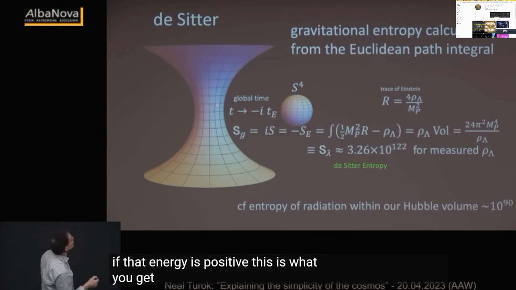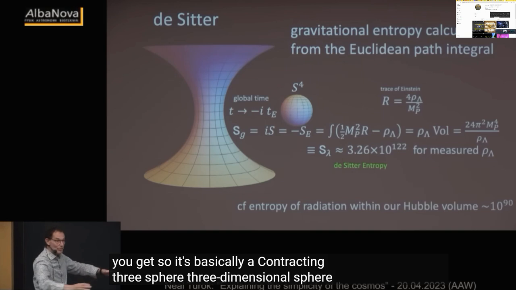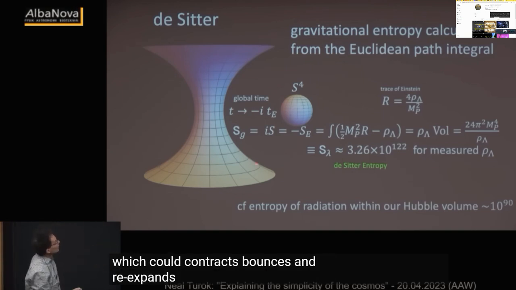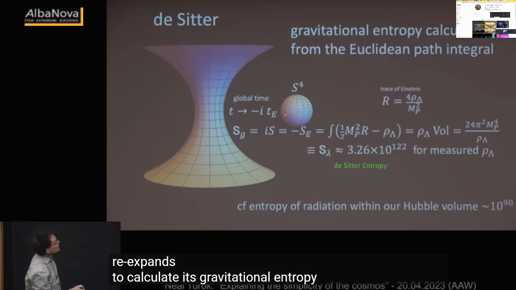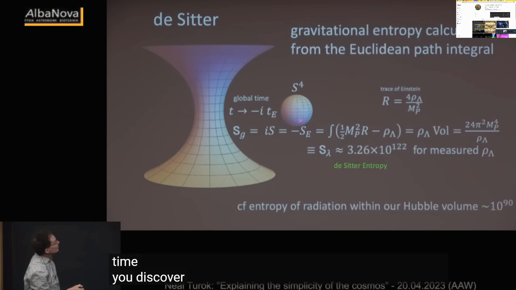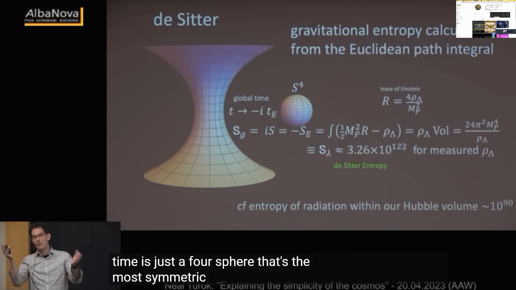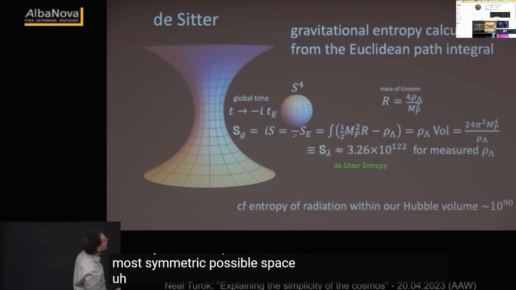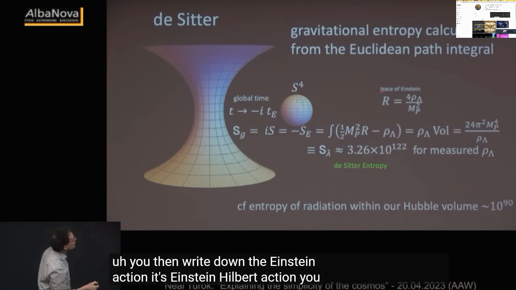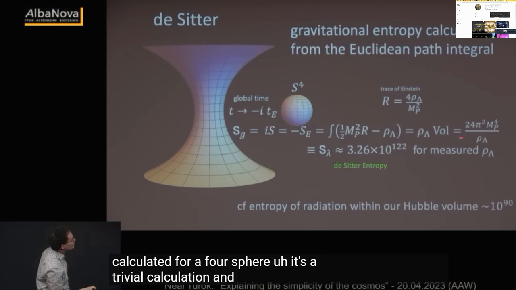So it's basically a contracting three-dimensional sphere, which contracts, bounces, and re-expands. To calculate its gravitational entropy, what do you do? Well, you go to imaginary time. You discover that the space in imaginary time is just a four-sphere. That's the most symmetric possible space. You then write down the Einstein-Hilbert action. You calculate it for a four-sphere. It's a trivial calculation, and here's the entropy.